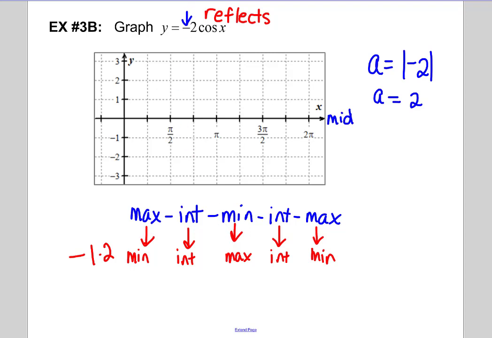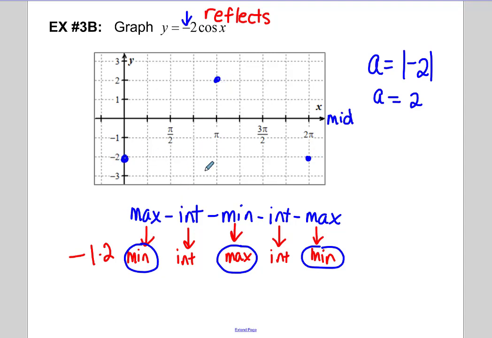So we want to stretch our graph, starting out at a minimum. This is our first point. A minimum is also our last point at 2 pi. And then halfway in the middle between 0 and 2 pi, that's a maximum at +2.